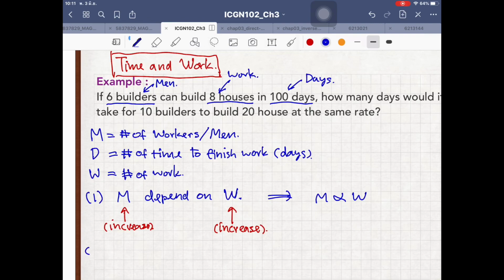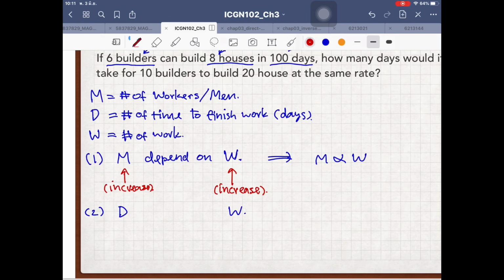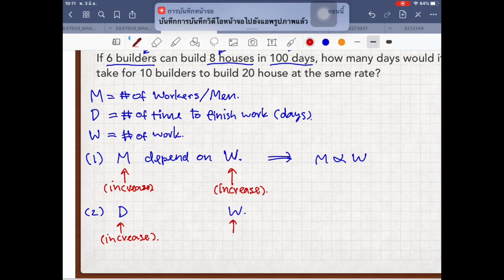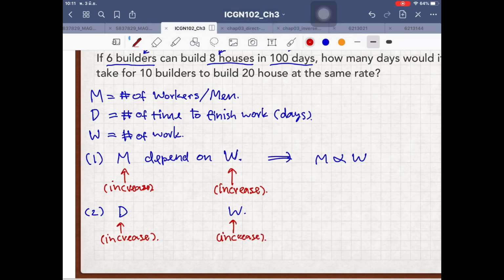And then the next relation is between D and W. Here again, if you have more time, it means that you can do more work. So if you increase the amount of time, you can increase the amount of work to do.